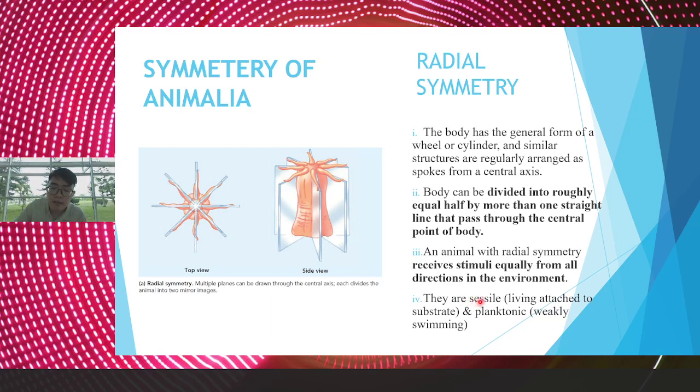And then there are sessile animals. Sessile means that they cannot move; normally they only stay in that place. And then there are pelagic ones. Pelagic means freely swimming. So this is radial symmetry. And the easiest way to say it is, however you cut it, it will have equal sides.